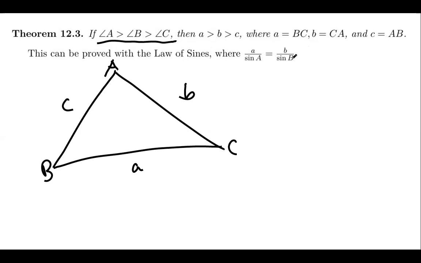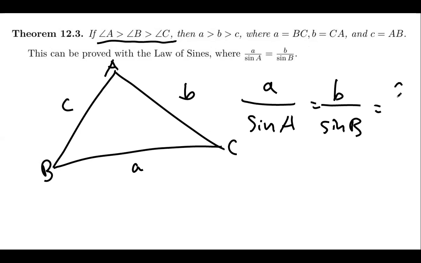We won't go into too much detail, but basically we know that A over sine A equals B over sine of B equals C over sine of C. So that's what makes this inequality true.